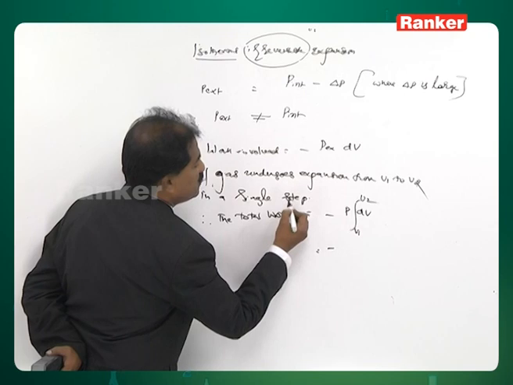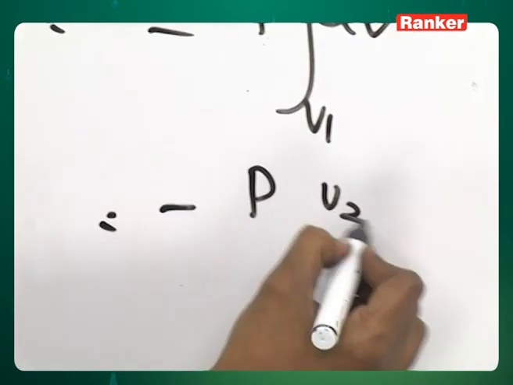Since the expansion is taking place in one step, it is minus P V2 minus V1.